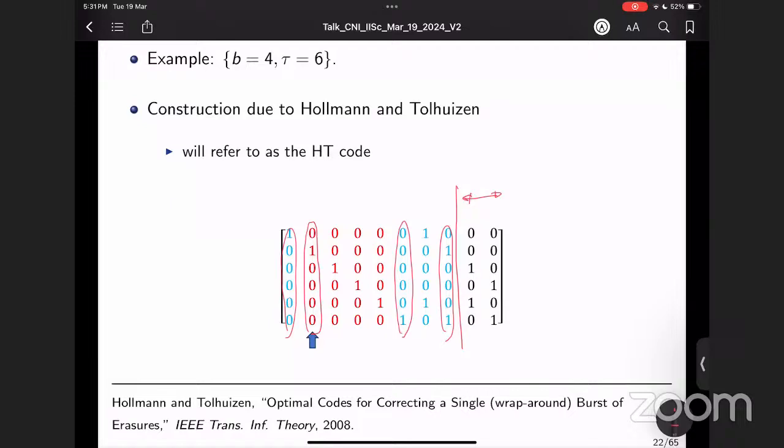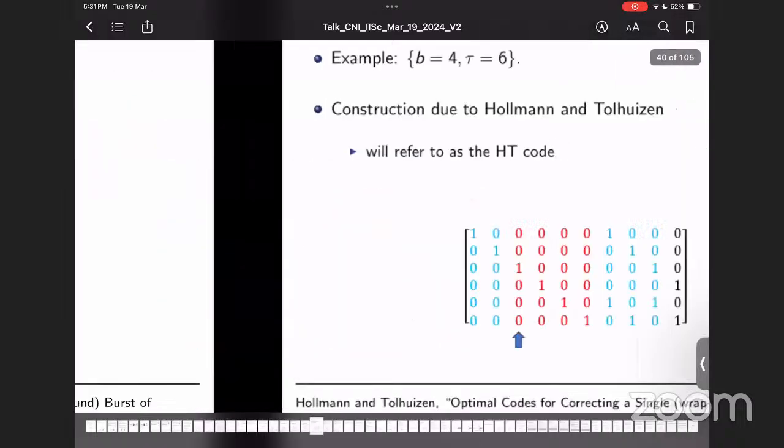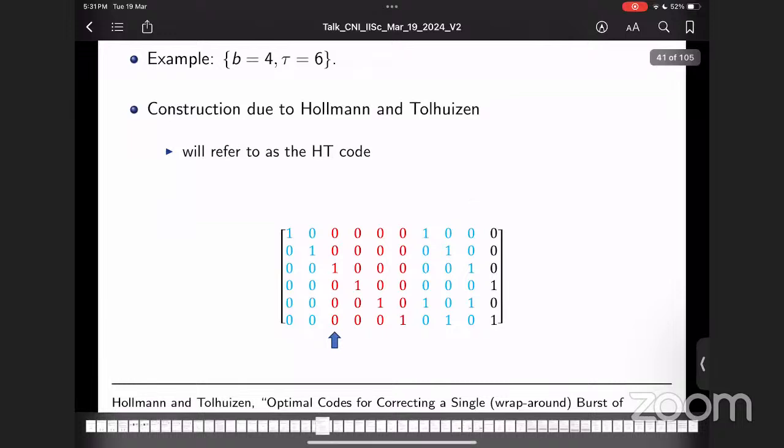So like that, you can do some sanity checks and see that it satisfies all these properties. So that's basically the HT code. The reason I was discussing the point-to-point setting and the HT code, which results in an optimal code for the point-to-point setting, is that we are going to build on top of this HT code when I discuss our construction.